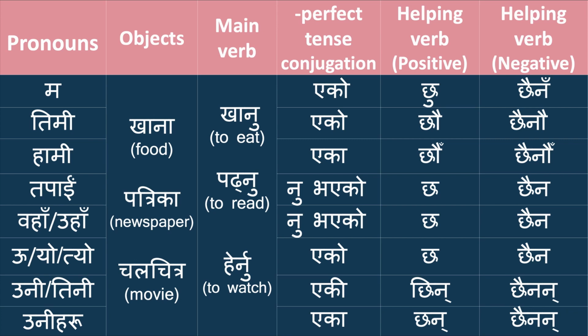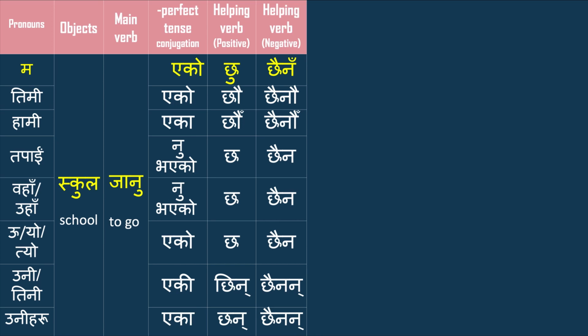So let's make sentences using this conjugation table starting from ma. Ma, object is school, main verb is janu, perfect tense is eko, helping verb positive is chu and negative is chaina. Here ma is singular subject, so this is the third rule. In singular subject we use the eko form.